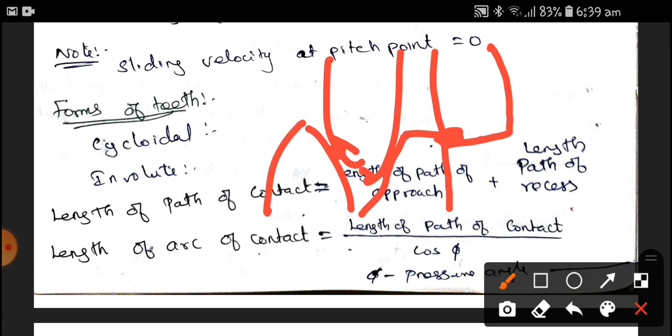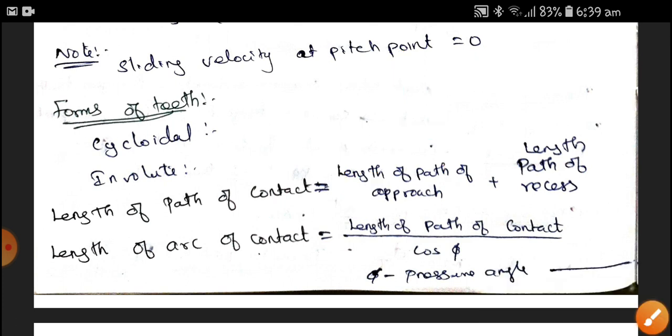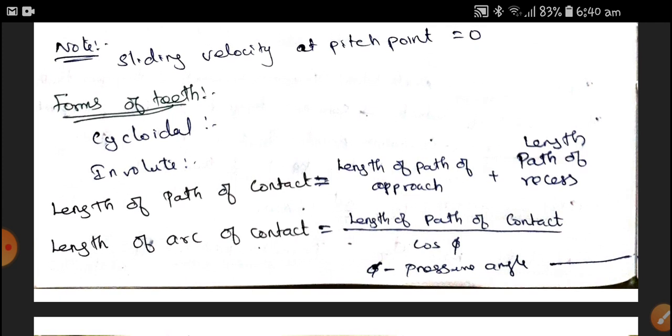At that point the contact ratio is always greater than 1. The minimum number of pairs of gear teeth in contact is called the contact ratio, that is, the ratio of length of arc of contact divided by circular pitch.